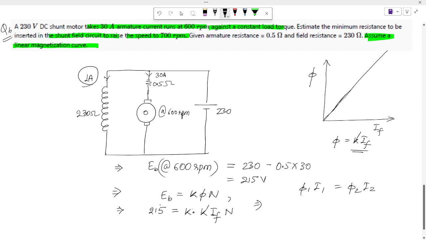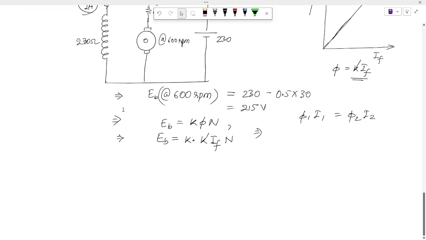First listen this. EB. Okay. And combining this all, I will call EB is equals to K1 IF N. Clear till here? Yes or no?